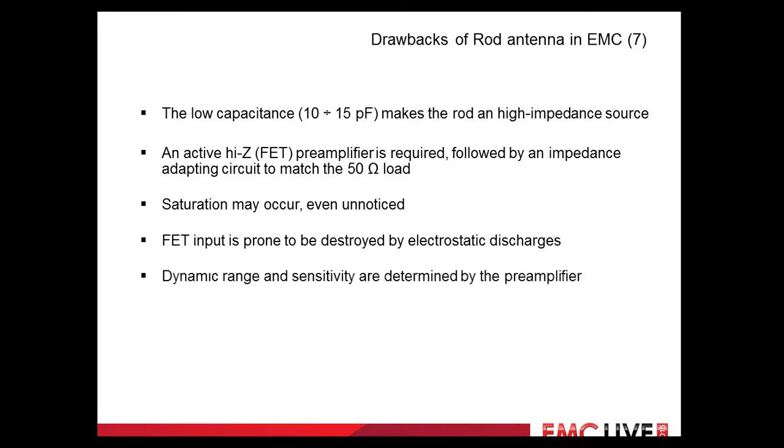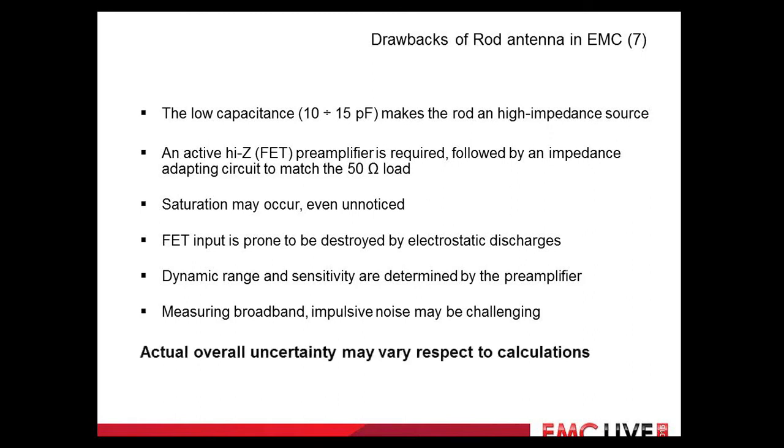In conclusion, the dynamic range and sensitivity of this measuring system, composed of the antenna, the preamplifier inside the antenna, and the external receiver or analyzer, are determined exactly by the preamplifier. So the preamplifier is a very important part of this measuring system. And since we measure broadband impulsive noise, it could be challenging in several aspects.